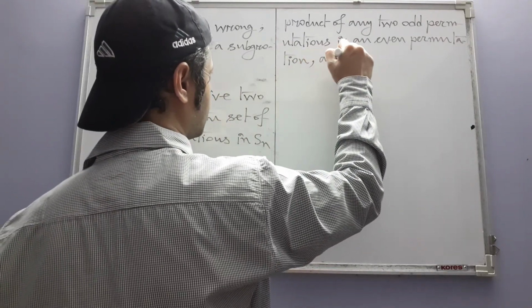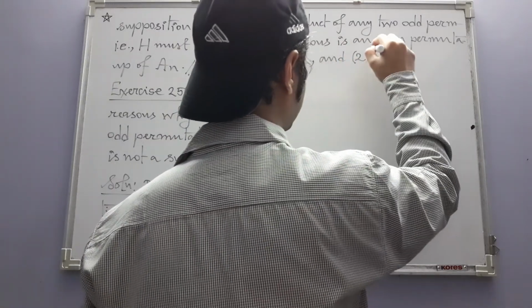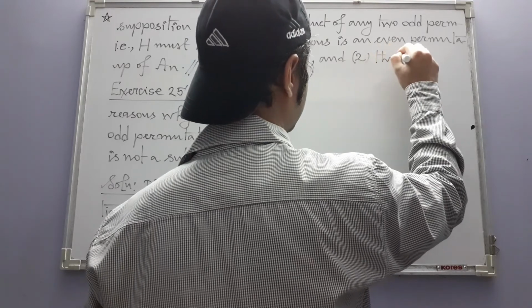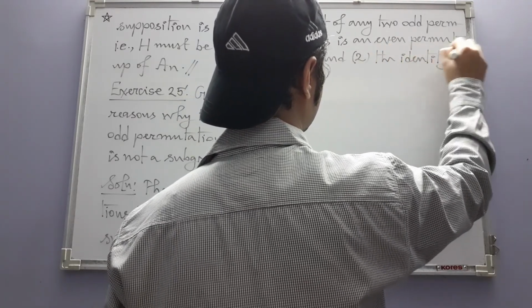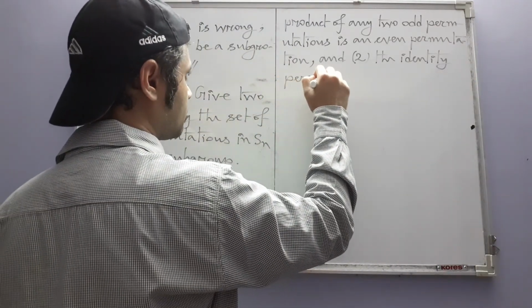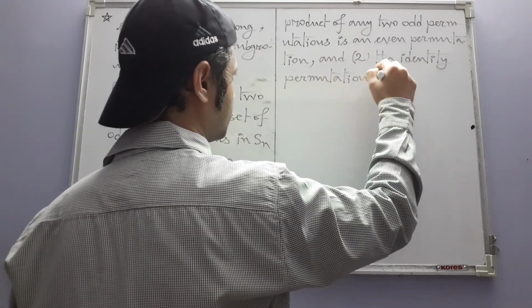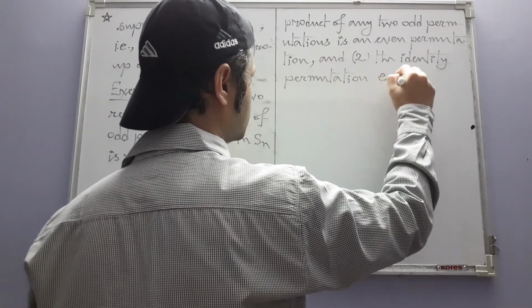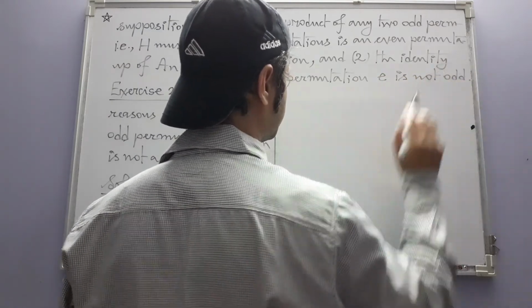And another, you can take the identity permutation E, which is not odd, it is even.